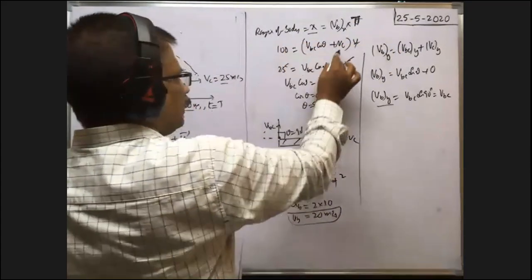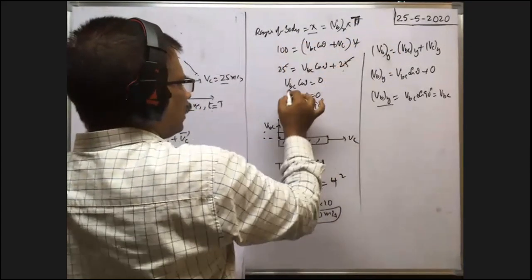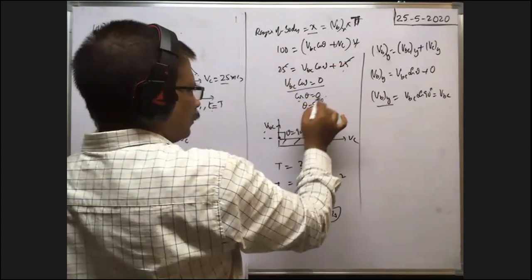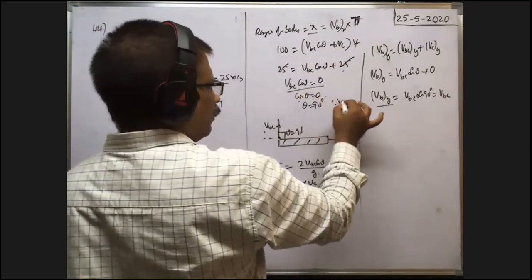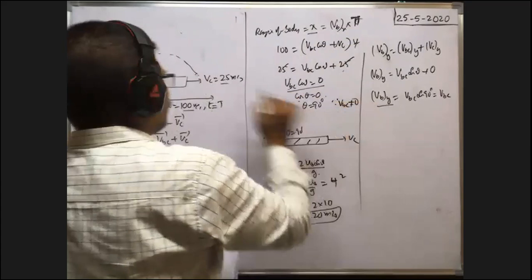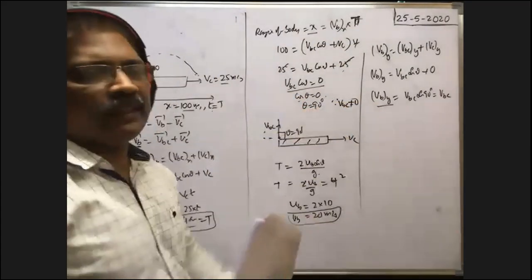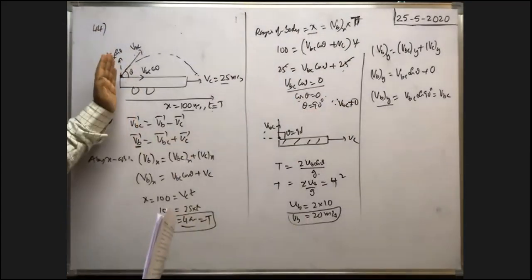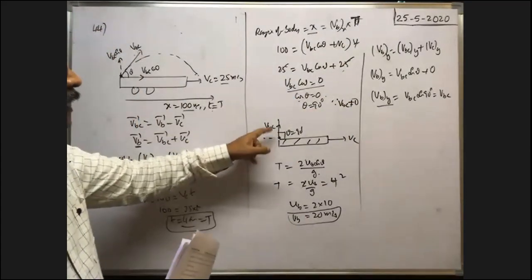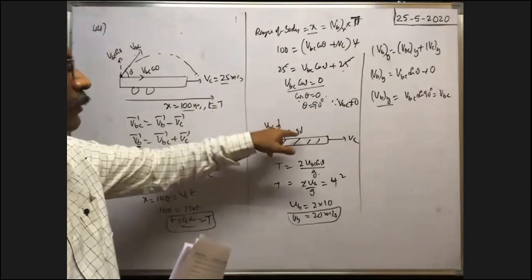Here vc is equal to 25. Substituting, you will get vbc cos theta equal to 0, so cos theta is 0 because vbc is not equal to 0. vbc is not equal to 0 because it is projected with some velocity. That's why cos theta is 0, which means theta is equal to 90. Hence the body is projected with respect to the car along the vertical direction, making 90 degrees.